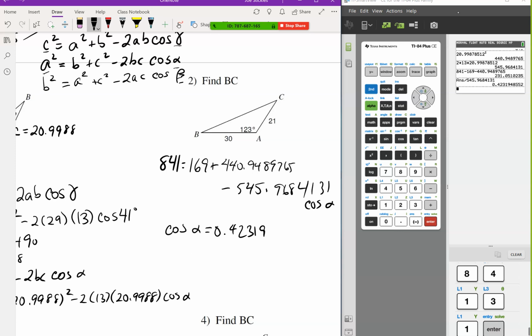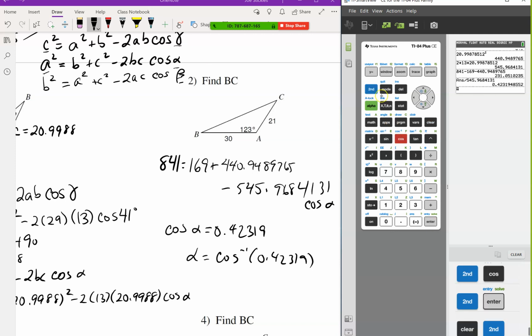And so to get alpha by itself, then we'll do the inverse cosine. So on the calculator, then I'll do second inverse cosine. And, oops, I hit the wrong thing. Second inverse cosine, second previous answer. And get approximately 64.9635 degrees.